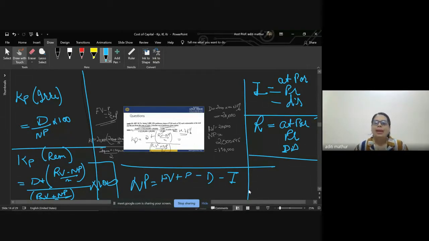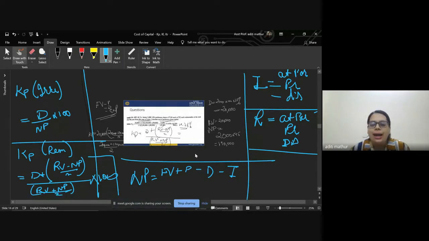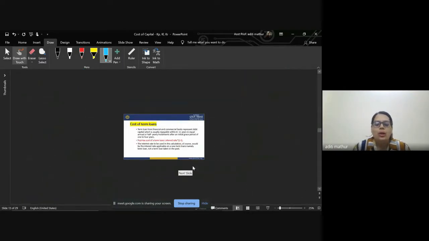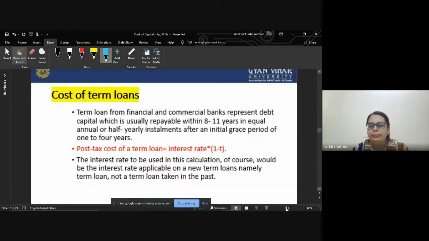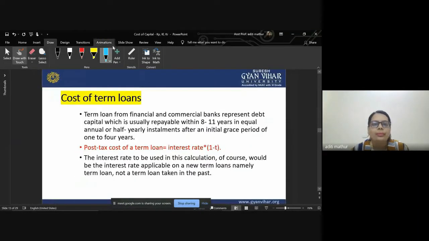Now let us understand how we calculate the cost of long-term loans. The cost of long-term loans is denoted as KL, right?